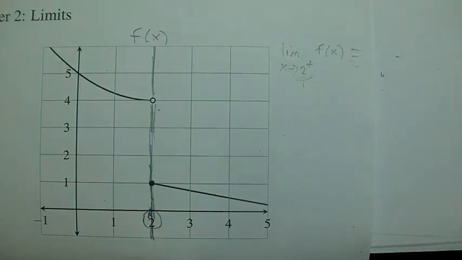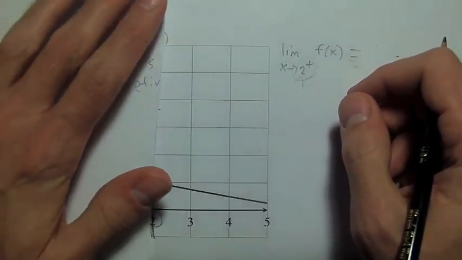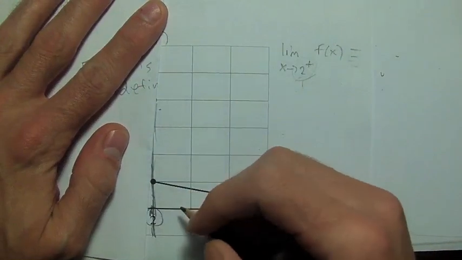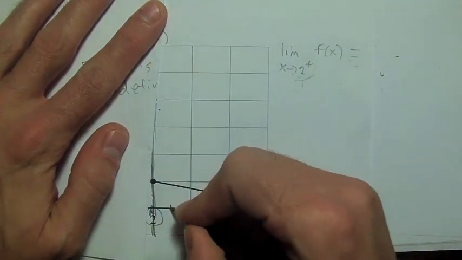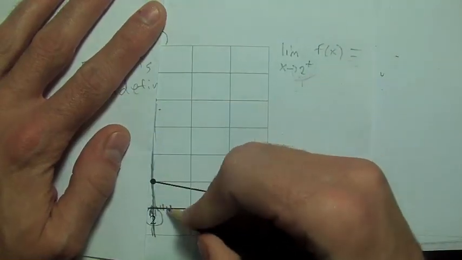Because of that, what I tend to do is take a sheet of paper and cover up the left-hand side. And then I look to see what is happening as my x's get closer and closer and closer to 2.